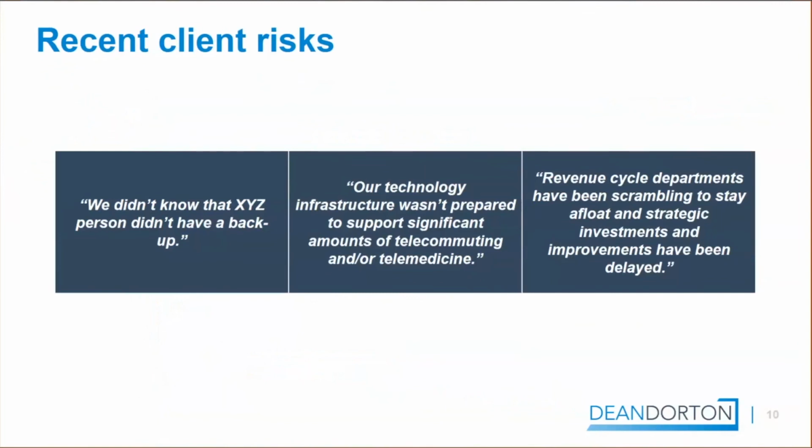Here are 3 examples of risks that clients have come to us about and said, we did not realize this, but COVID sort of helped to expose risks that we weren't really fully aware of. The 3 things we've heard are, we didn't know that XYZ person or department did not have a backup.